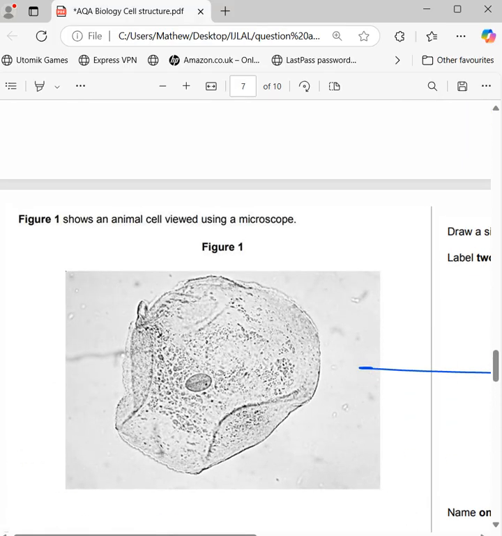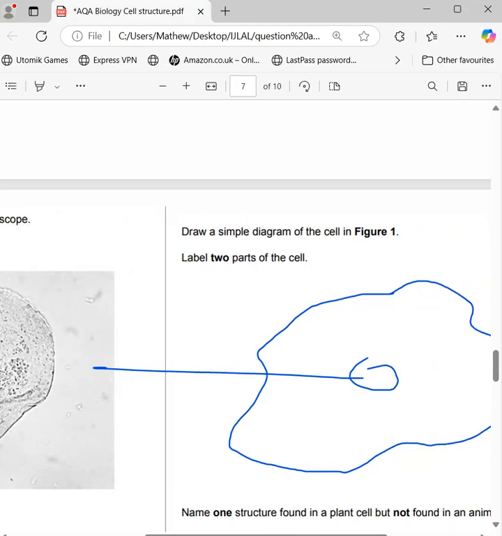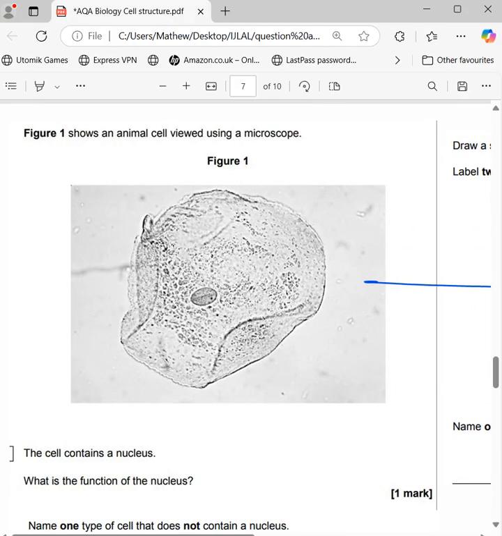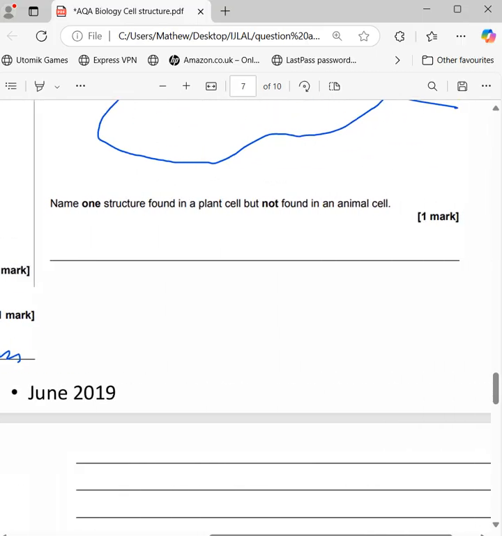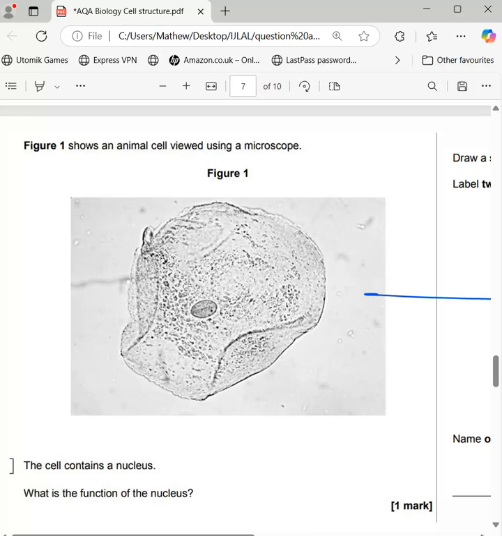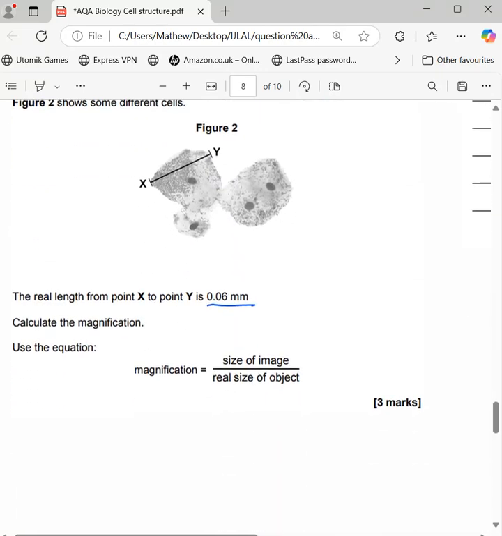Figure 1.1 shows a cell viewed using a microscope. Draw a simple diagram of the cell. Okay, I feel I didn't copy this question completely. Because if you need to calculate this, you have the real length.